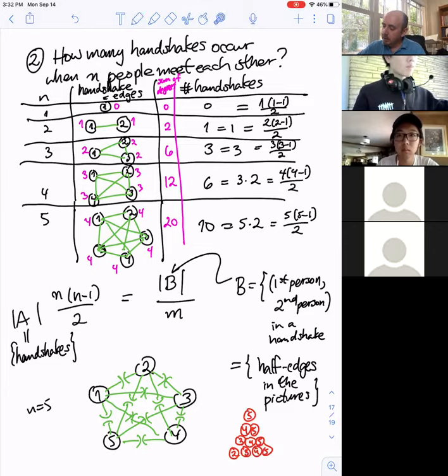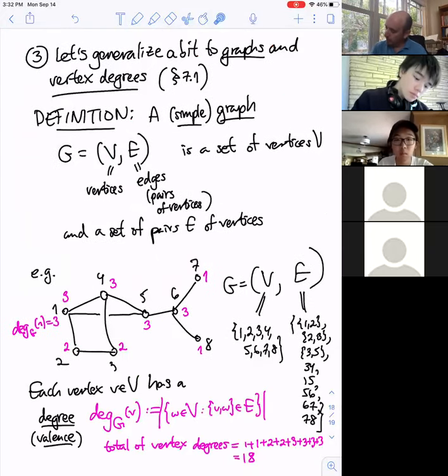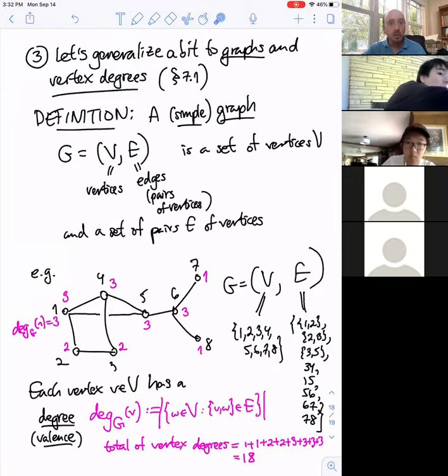And you can see these numbers that I've written, this sum of the vertex degrees, is actually twice the number of handshakes that we were counting before, which was the number of edges. And so that's actually the point. This 18 here is also twice something else, and it is the number of edges. Let me count the edges here. 1, 2, 3, 4, 5, 6, 7. Whoops, I failed. 1, 2, 3, 4, 5, 6, 7, 8, 9. I think there are 9 edges.